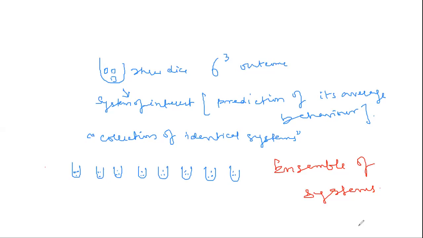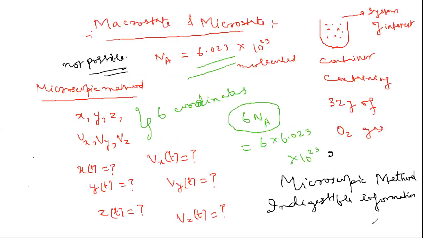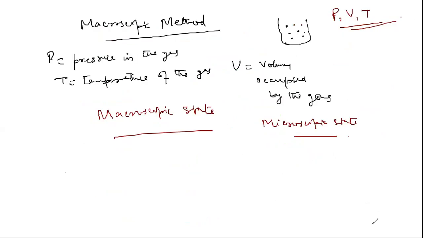Then we use the idea of macroscopic state and we construct an ensemble of systems, then predict its average behavior using the average over the ensemble. So I hope it is clear. So the same is the situation for this gas. Now I will give you a simple example of the macrostate and microstate.